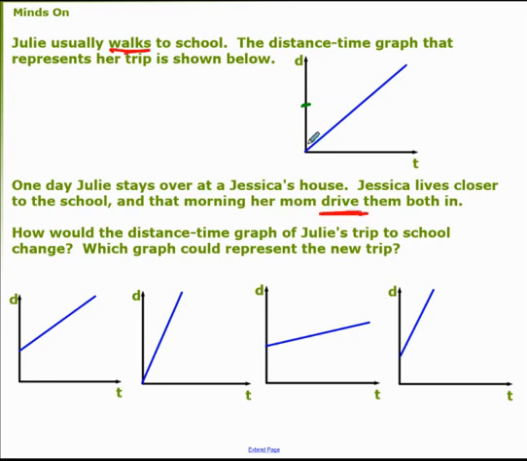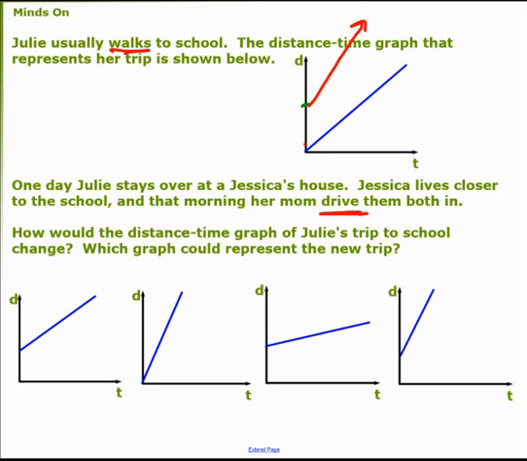So I would say that we're in the range here of a steeper line, right? So if you were to put this line up here, that's what we're going to look for, something like that.